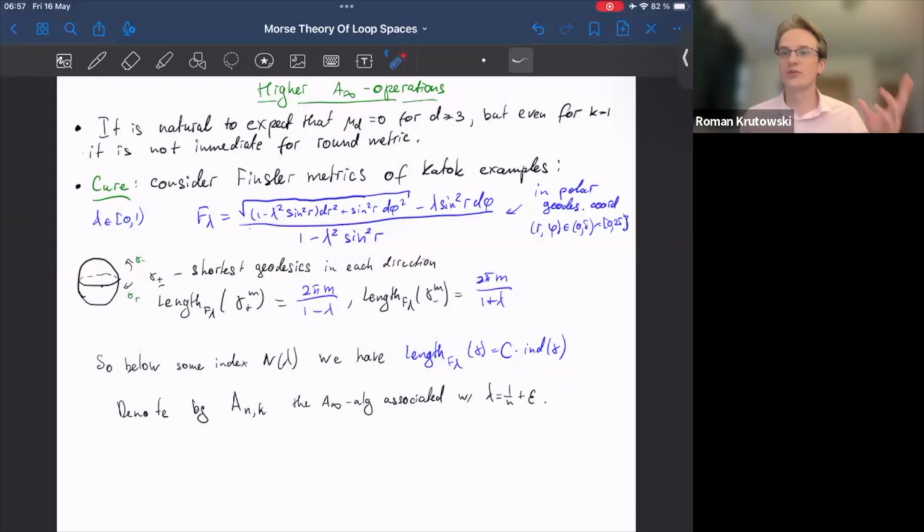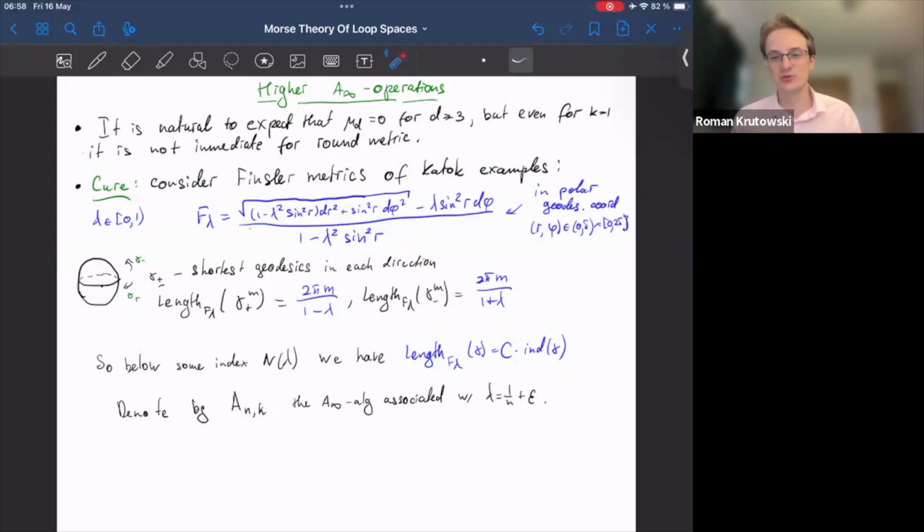And for a round metric, you don't have it because going this way and this way is the same thing. So their index cannot distinguish, or at least action cannot distinguish those two paths, and they would introduce problems.